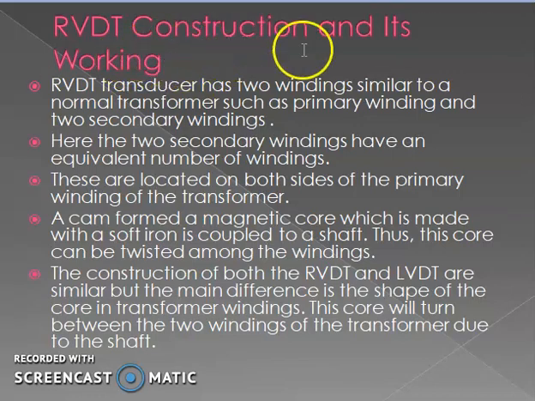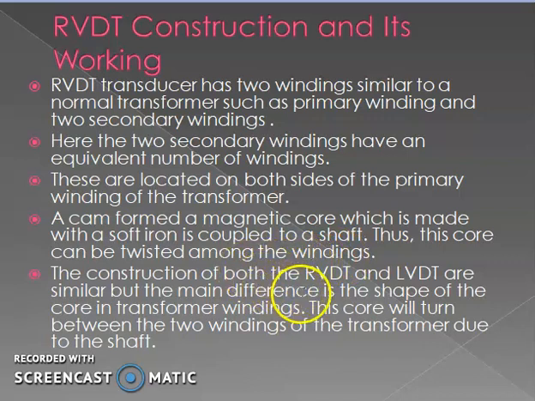The construction of the RVDT has mainly two windings, primary and secondary. The secondary windings have an equal number of turns, and the secondary coils are located on both sides of the primary winding. The cam forms the magnetic core, which is made of soft iron and connected to the shaft, so this core can be twisted among the windings.